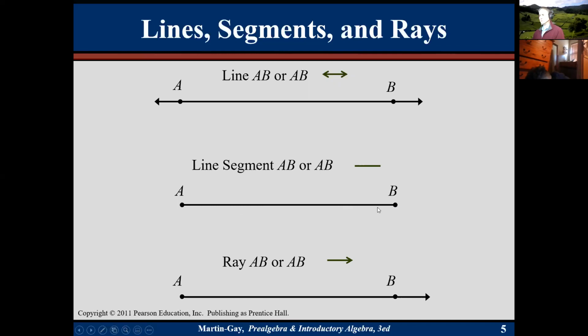So there's an uncountably infinite number of points between points A and B. The line defined by AB would extend out to infinity in both directions, to minus infinity and plus infinity, and a line segment is just this finite chunk of the line AB. So the line segment is finite, line AB is infinite, and the ray AB goes in one direction to infinity, but it starts at a boundary on one side and goes off to infinity. You can have a ray going to the left side as well, right.